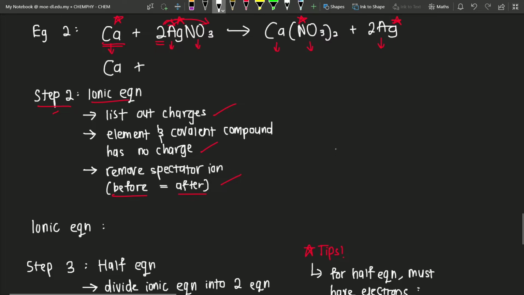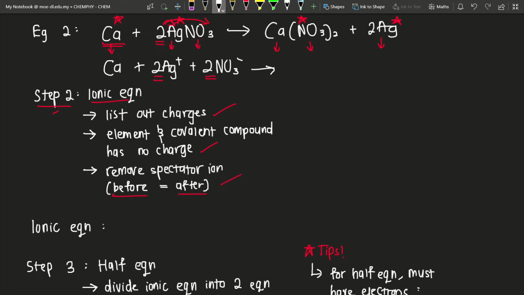So silver nitrate is an ionic compound. You guys must split it. You guys must divide it into its respective charge. So 2Ag plus plus 2NO3 minus. Remember, the 2 belongs to Ag and belongs to NO3. And then the arrow, as usual, so calcium nitrate is an ionic compound. So you guys will divide it.